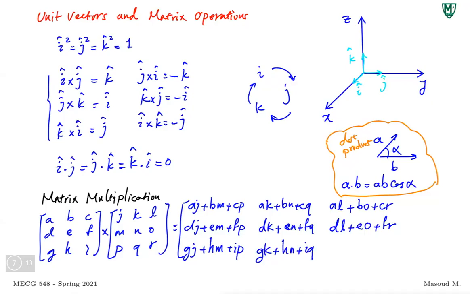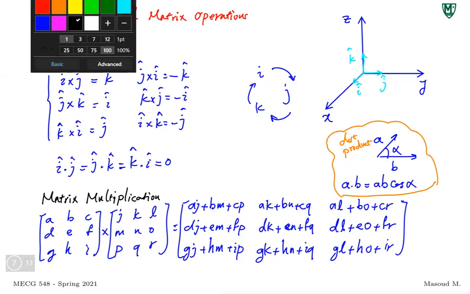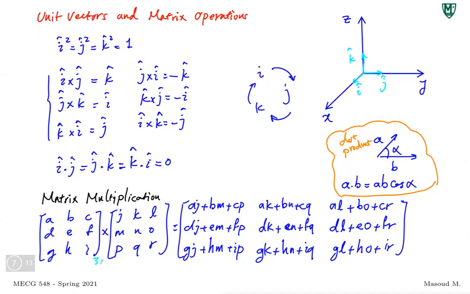And the last one would be GL plus HO plus IR. And this is a 3 by 3 matrix. As a result, the multiplication would be a 3 by 3 matrix.